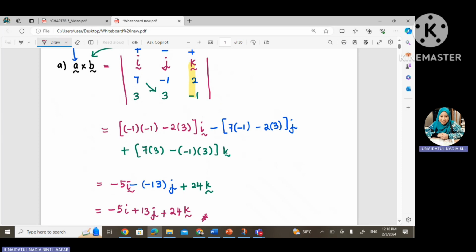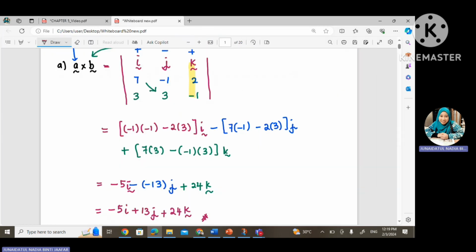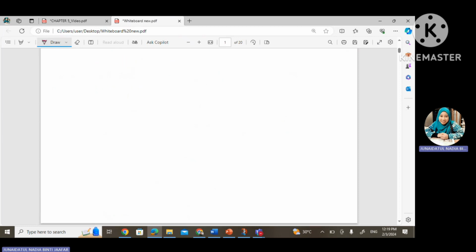Next we continue with the second question. We must find B cross C. Same as the first question, we write it in the form of a matrix.